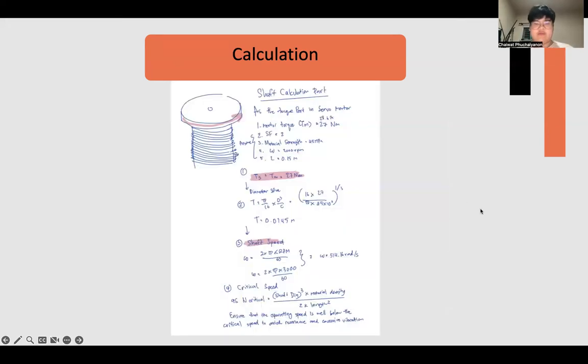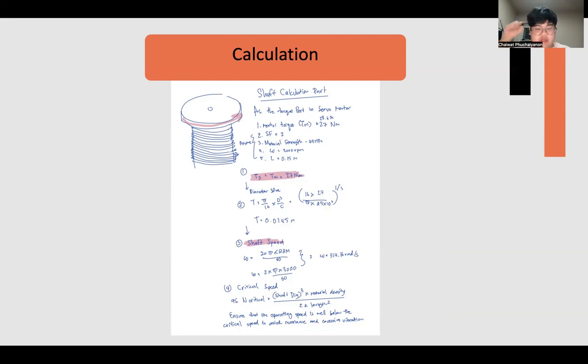So next is the shaft calculation part. As we have the torque from the servo motor, we get the motor torque as 28.6, or approximately 27 newton meter. We assume a safety factor of 1.5 or 2, the material strength is 45 megapascal, omega is 3000 rounds per minute, and the length of the shaft is 0.15.